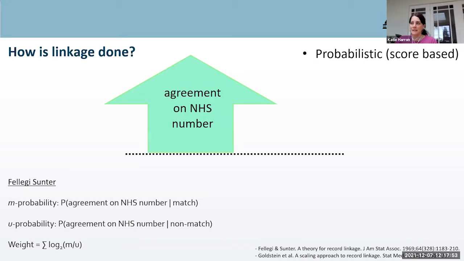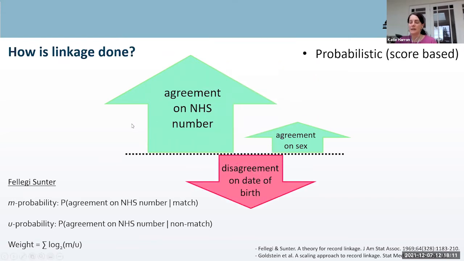The way the match rate is calculated means that agreement on something that's quite discriminative, like NHS number, contributes a large amount to the match rate. Agreement on something like sex, which is more likely to agree by chance, still contributes positively, but a smaller value. And disagreement on a particular identifier, say date of birth, would contribute a penalty to the overall match rate.